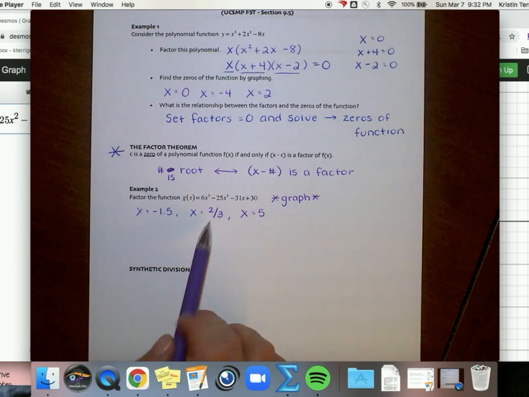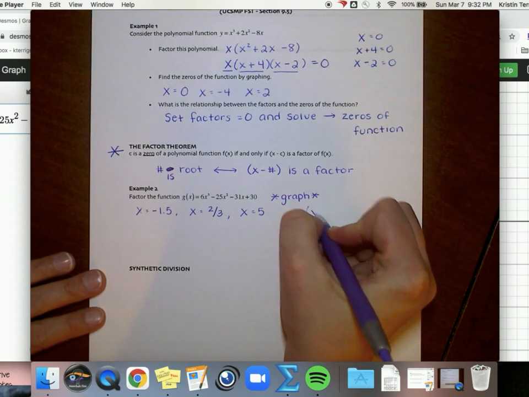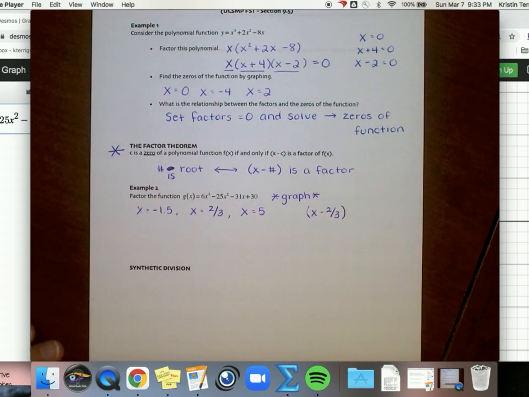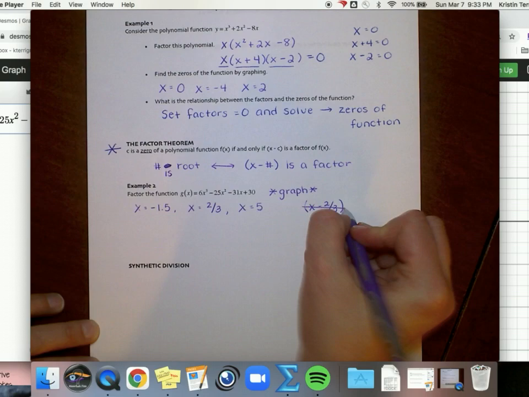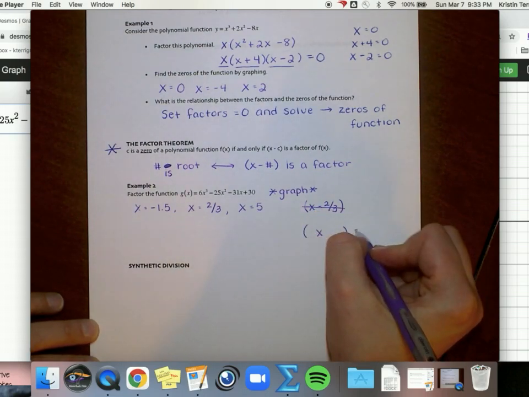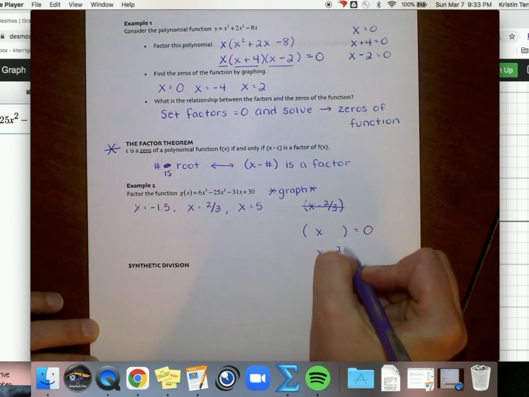So this is the problem that we're running into, is I could write x minus 2/3 as a factor, but that's not factoring using integers, okay? So what I'm going to do instead is I want to somehow write a factor where if I were to set it equal to 0, the x would come out equal to 2/3.